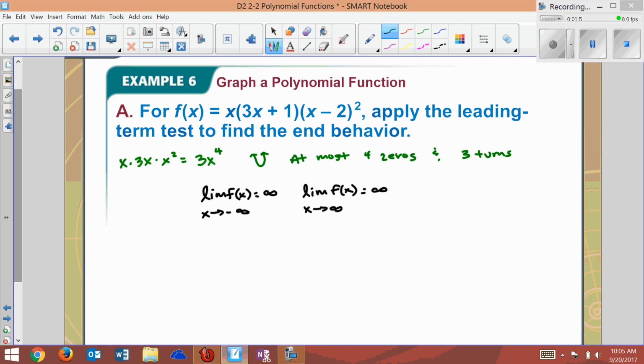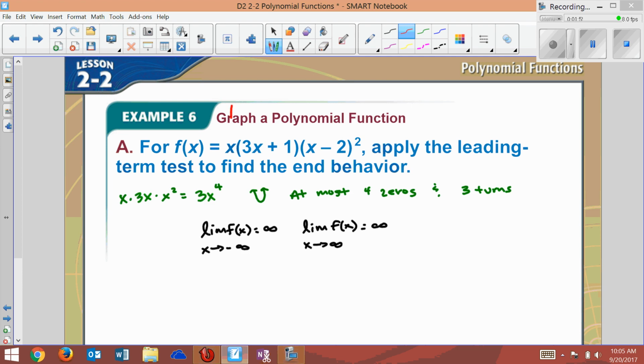And we could also state what the zeros are. Here, we could say that this one, x equals 0, and that'll be a zero here. We could say that x equals -1/3 because I'm solving for x. Then I would say that x equals 2 with multiplicity of 2 because it occurs twice.